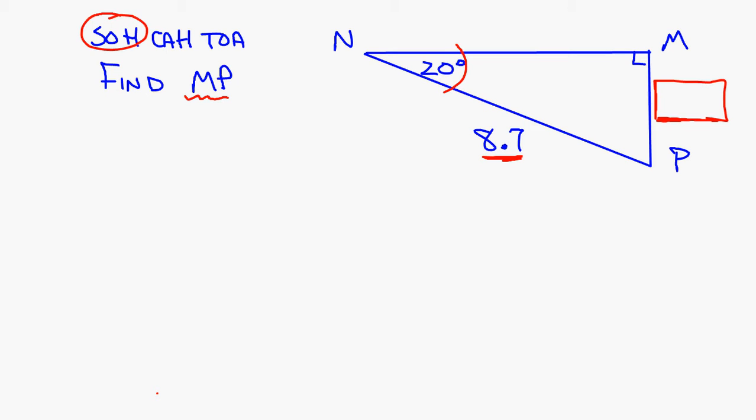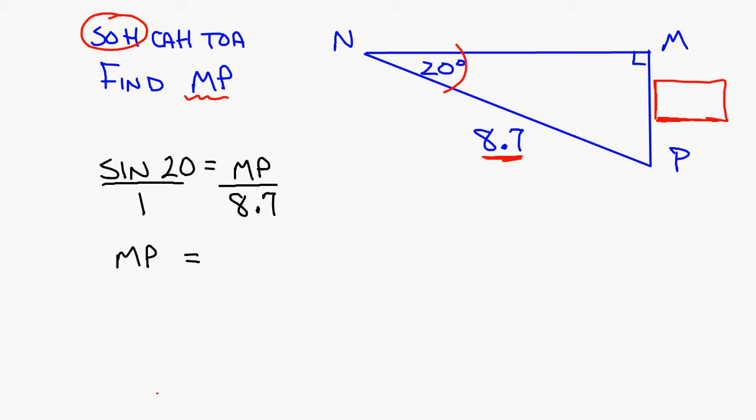Okay? So it's going to be sine 20 equals opposite, which is what you're trying to find, MP, over hypotenuse, which is 8.7. Now, when you crisscross multiply here, you got 1 times MP, which is MP.